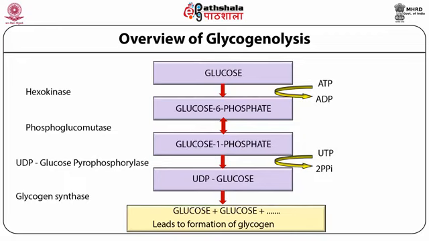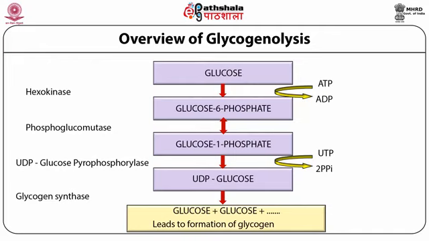Initially, glucose is phosphorylated to glucose 6-phosphate. This reaction is catalyzed by hexokinase in the muscle or glucokinase in the liver.